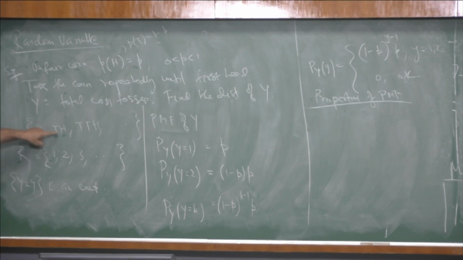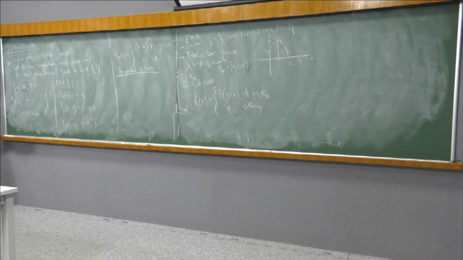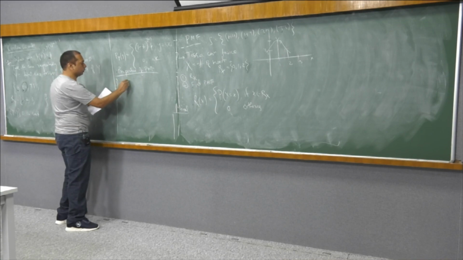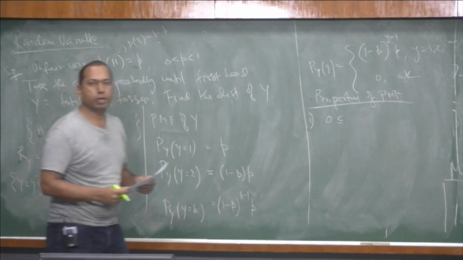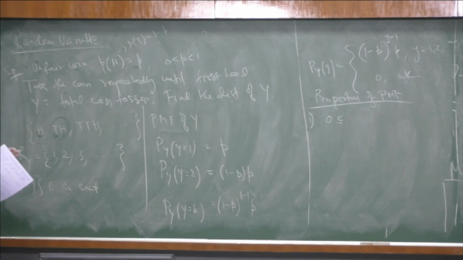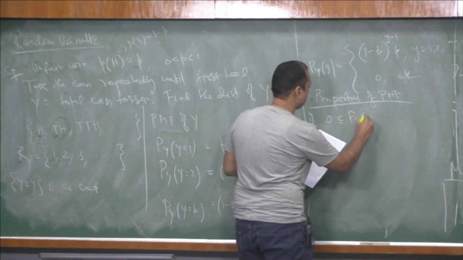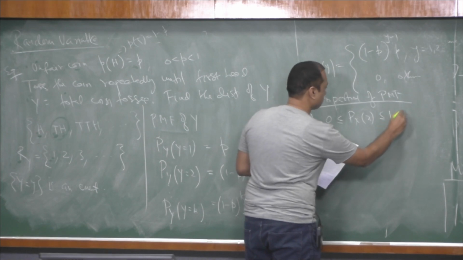Y equals 2 is the event when I get a head in the second coin toss. These are a few things one has to recall. Now, PMF values are probability values, and as we know, probability values are between 0 and 1. So PMF values are also supposed to be between 0 and 1.